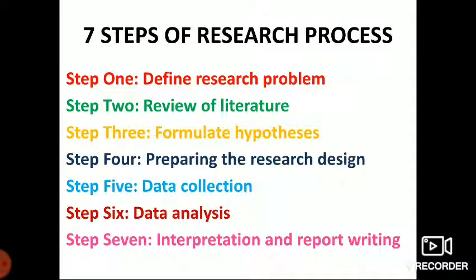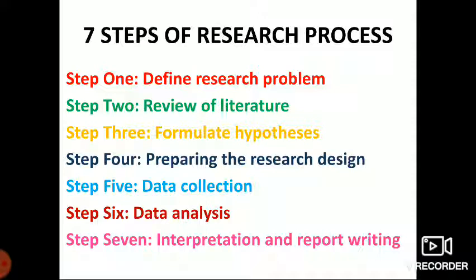These are the steps every researcher needs to follow to conduct their study or research. It has 7 steps. The first step is identification of the problem. Problem identification is the main heart of the research.